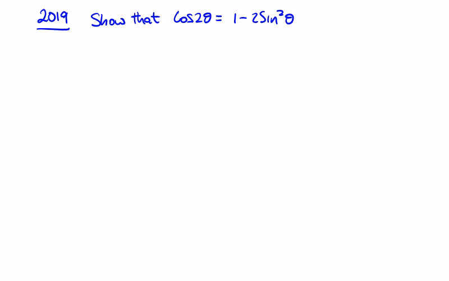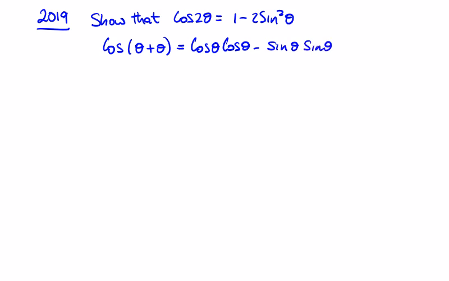So in 2019, we had: show that cos 2 theta is equal to 1 minus 2 sine squared theta. We can rewrite cos 2 theta as cos of (theta plus theta), which is how I noticed that mistake at the beginning. So that's equal to cos theta cos theta minus sine theta sine theta.